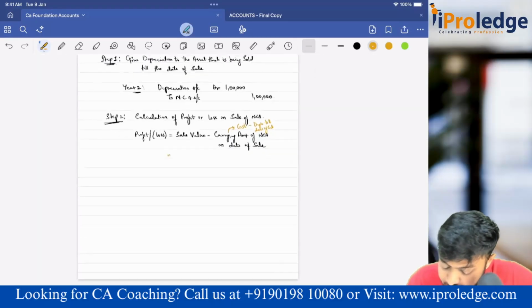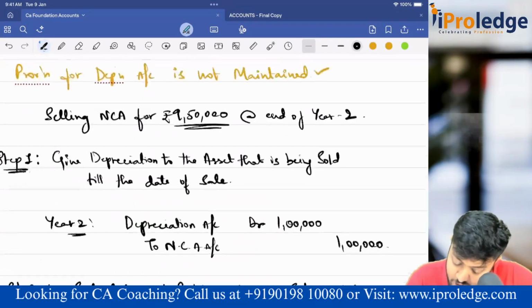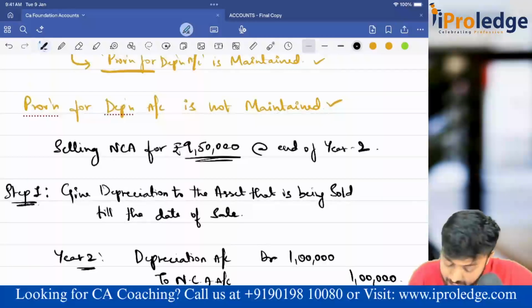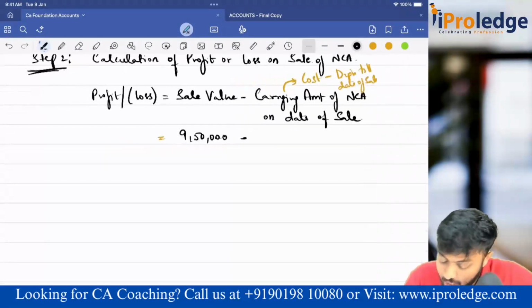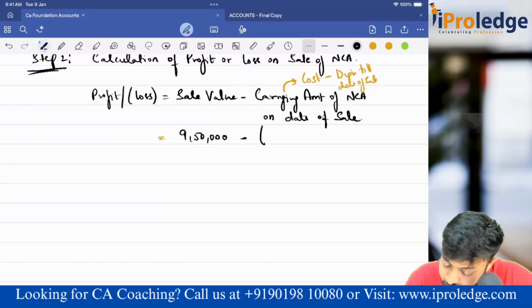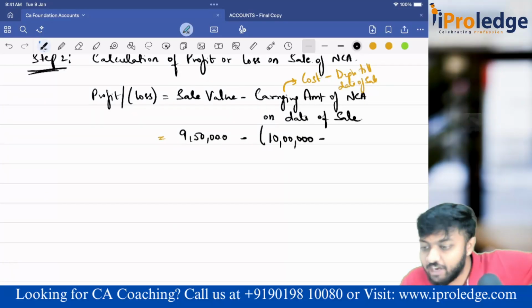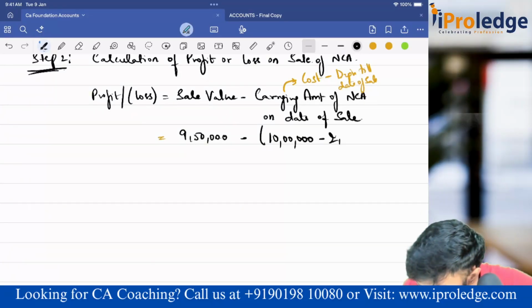So I have sold this machinery for how much? 9,50,000. So I told you selling NCA for 9,50,000. Carrying amount is, the cost is 10 lakh when you bought. And till now, till the date of sale, how much depreciation? 1 lakh in year 1, 1 lakh in year 2. Till now, 2 lakh depreciation. So carrying value is 8 lakh.